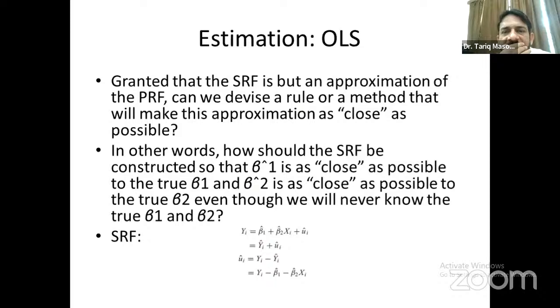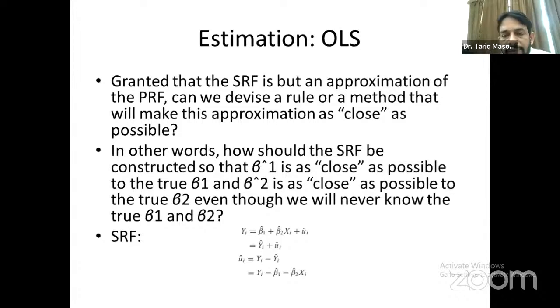Now, first step, as I said in the introductory slide, there are two stages in any statistical exercise. One stage is estimation, and the next stage is hypothesis testing or statistical inference. So first we will cover this estimation part.